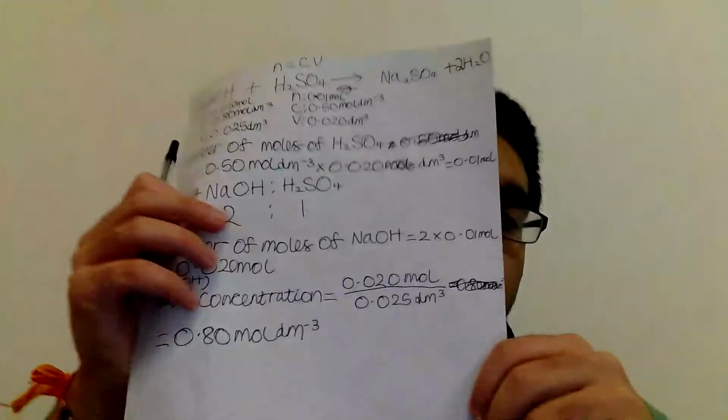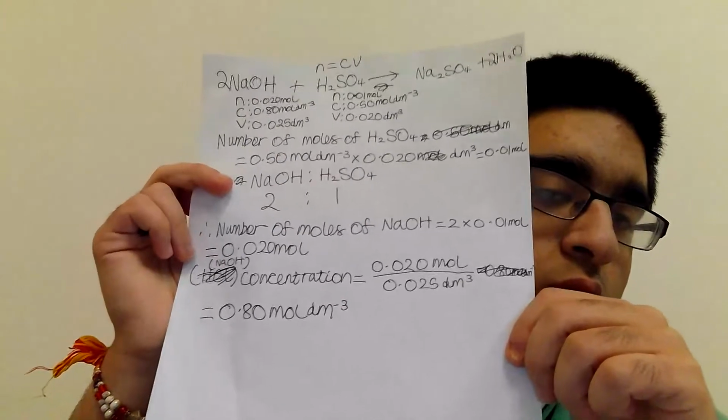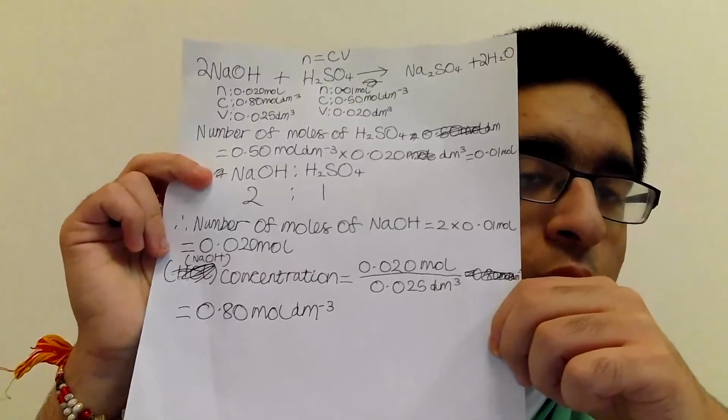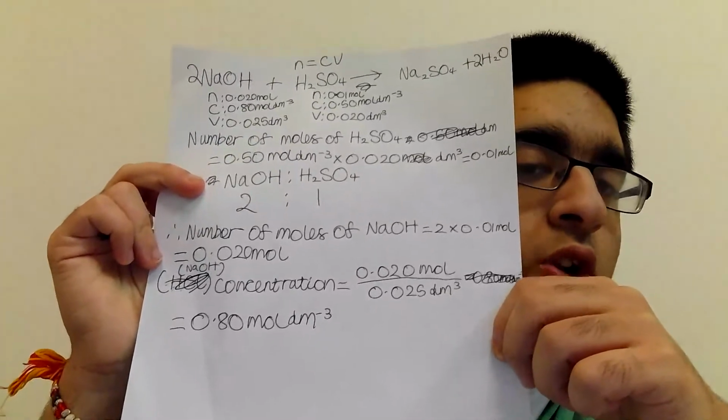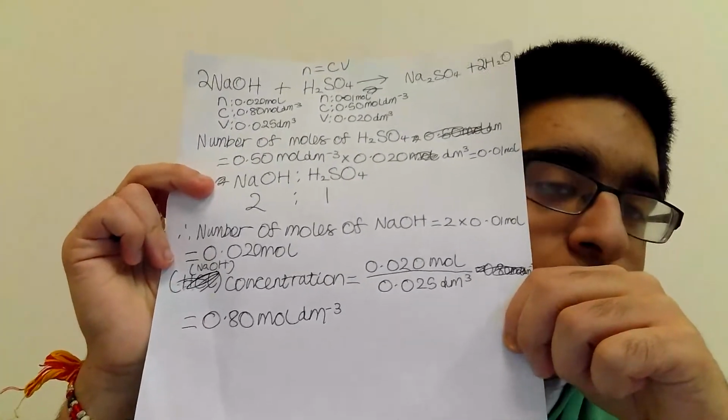I'm not going to go through this in too much detail, because I've already gone through this section yesterday. But the answer I got was 0.80 moles per decimeter cubed for the concentration of sodium hydroxide. So make sure you got that.